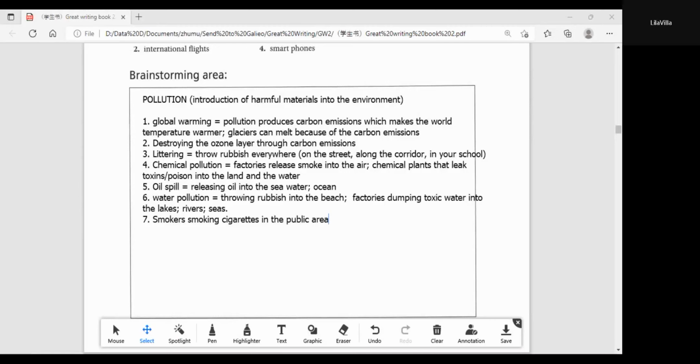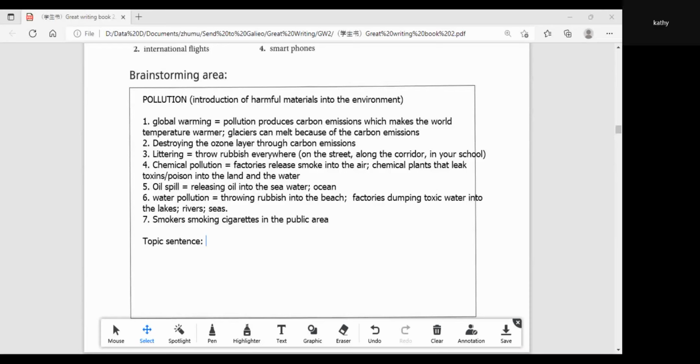So based on these ideas that we have come up with, can you think of a good topic sentence to cover these different ideas? This topic sentence is going to be your main idea, and it will control the content of your essay. So can you think of one?